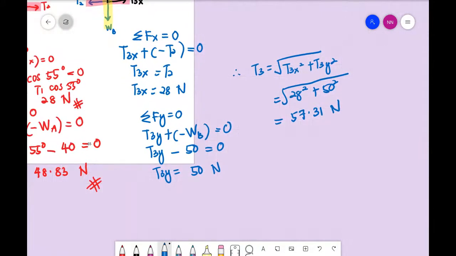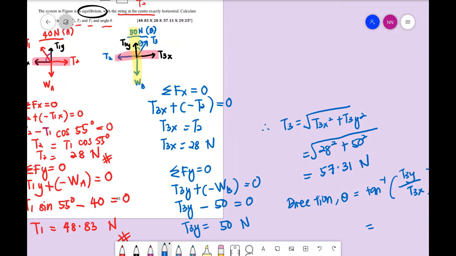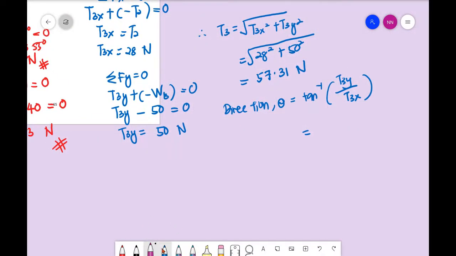So we can determine direction. Theta equals to inverse tangent T3Y over T3X. But the theta that we calculate here is at this area. Let me show you, because the reference line is always the x-axis. Never mind, we can calculate that marked theta in that question.